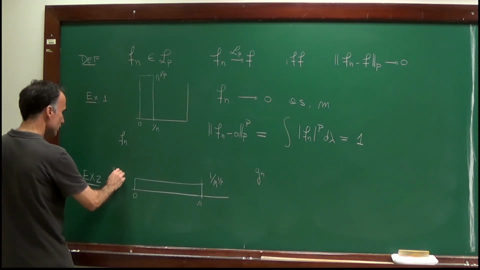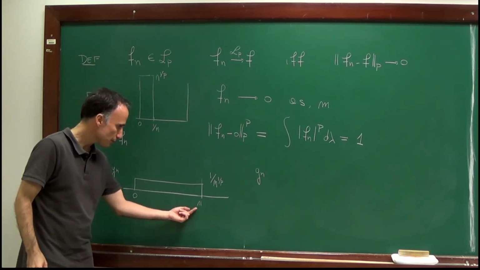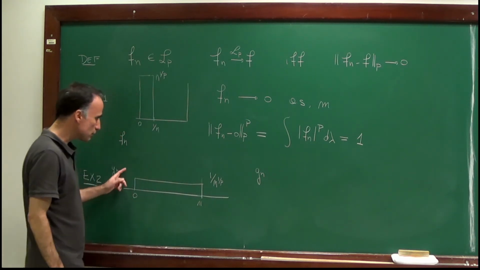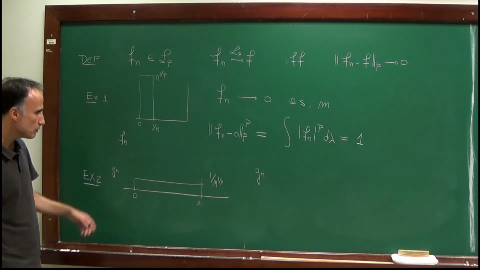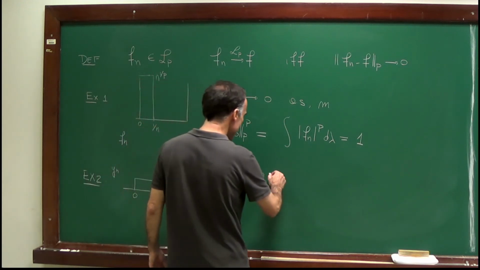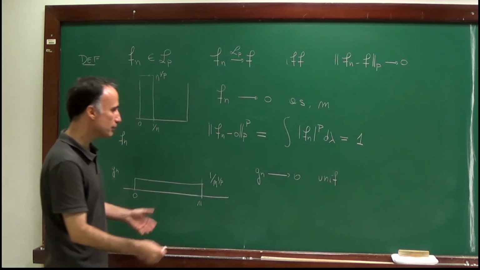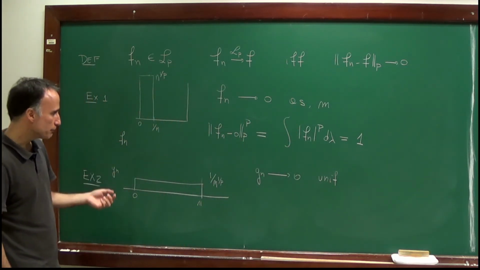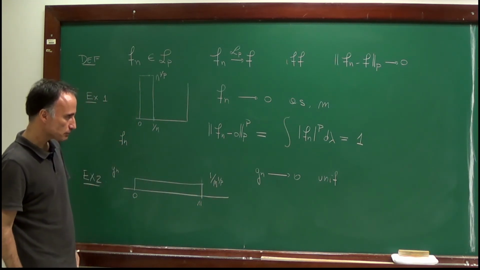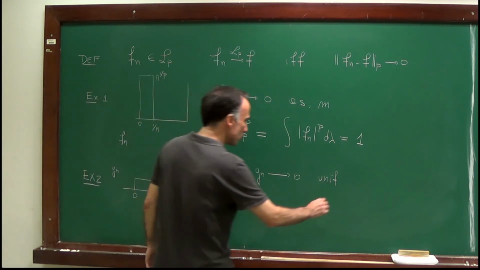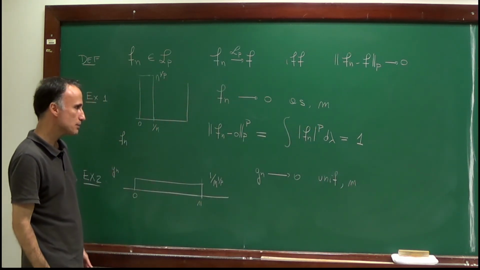This function gn is equal to 0 outside the interval 0, n, and on the interval 0, n, it is constant equal to 1 divided by n to the power 1 over p. So it's clear that this function gn is converging to 0 uniformly, right? Because whatever epsilon you fix, there is an n sufficiently large for which gn is bounded above by epsilon. Well, it also converges to 0 in measure, for the same reasons.